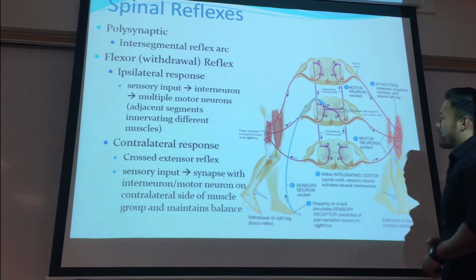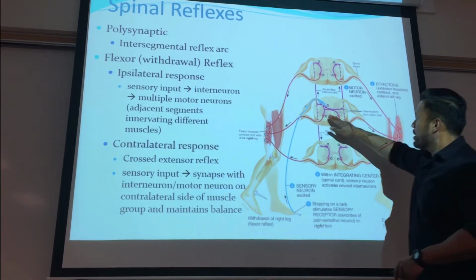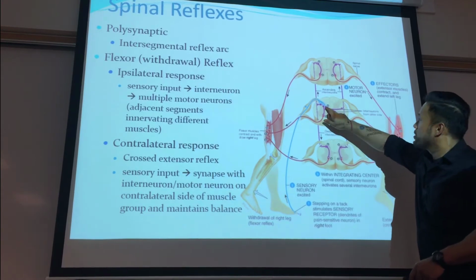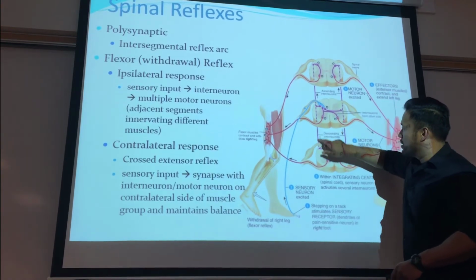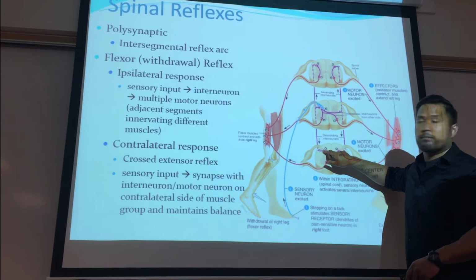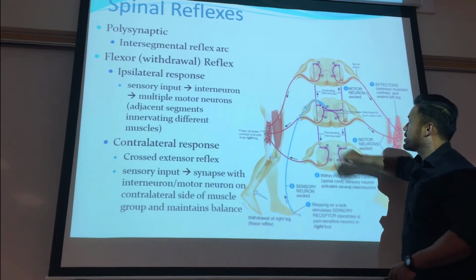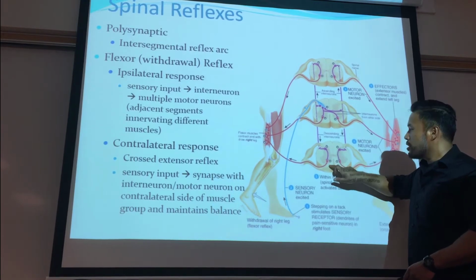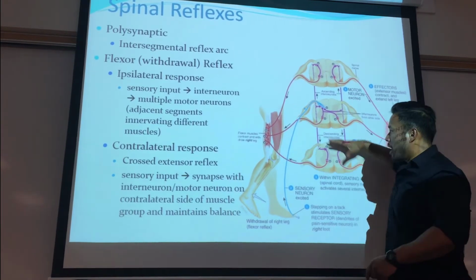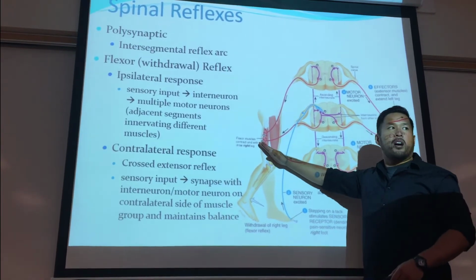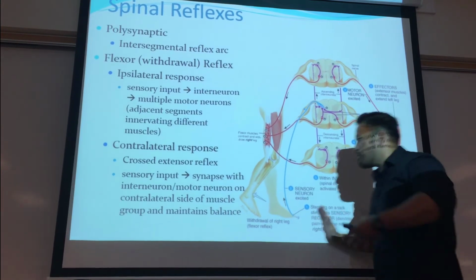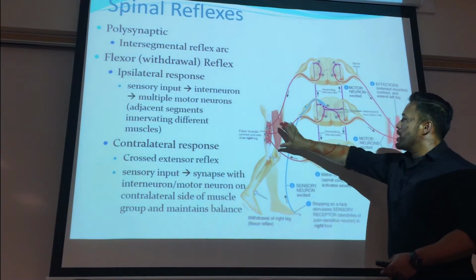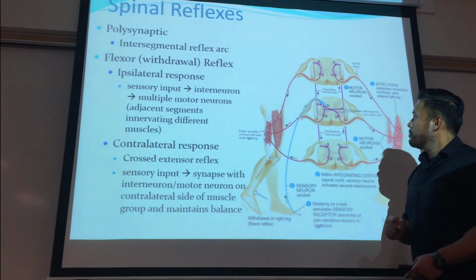With innervation of the hamstring, you're going to see our local circuit neurons that will travel to adjacent interneurons. These local circuit neurons will recruit other motor neurons to create more of an excitatory response on that hamstring. So this is going to create that exaggerated withdrawal response. So that's what's happening on the ipsilateral side.